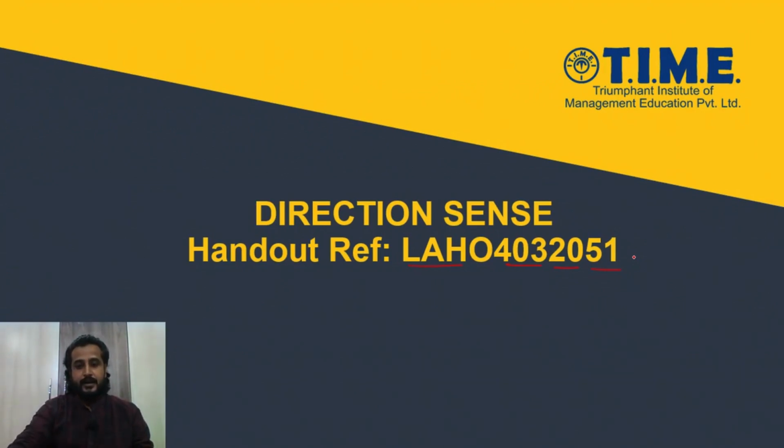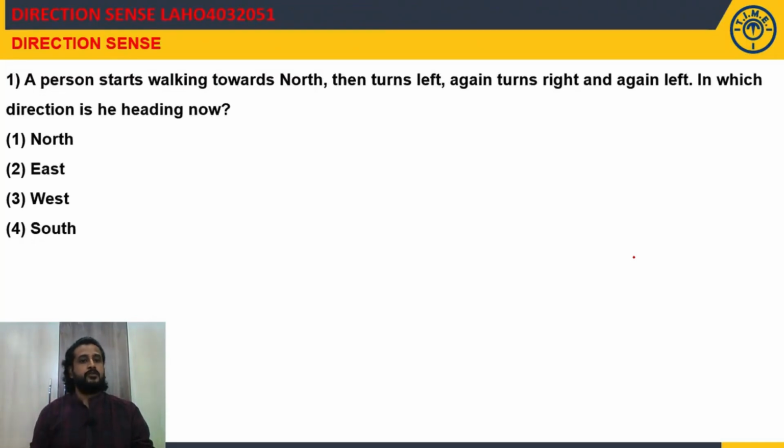Now, directly attack the questions. Question number 1. But a very basic point that you need to know is, on a paper, right hand side is east, left hand side is west, upwards is north and downwards is south. These are the 4 basic directions that you must know. While moving north, left hand side is west, right hand side is east.